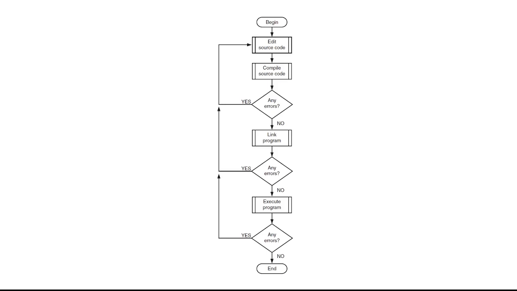Once you don't have any linking errors, you end up with the executable you were hoping to create. With that executable, you might find runtime errors yourself during testing, and if that's the case, you'll go back and fix them.